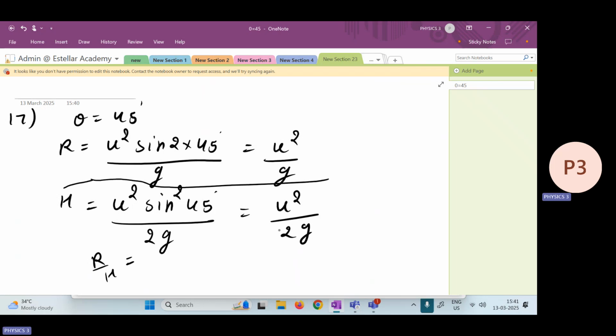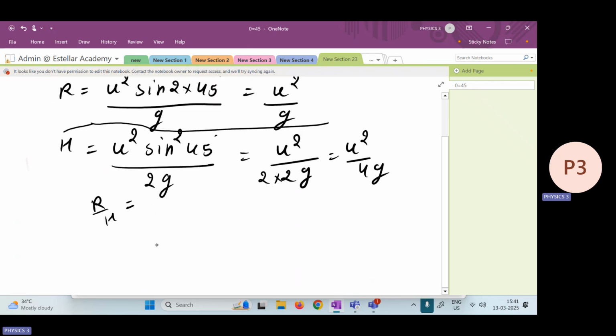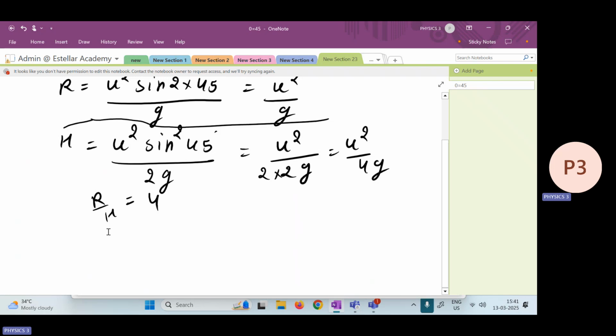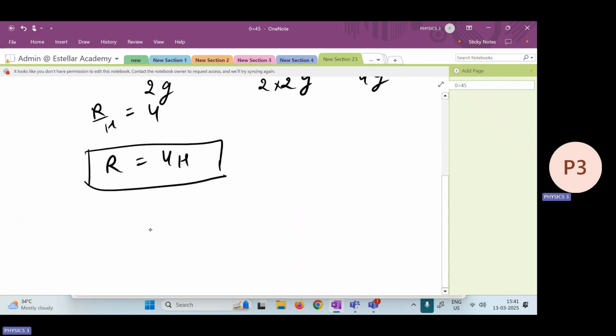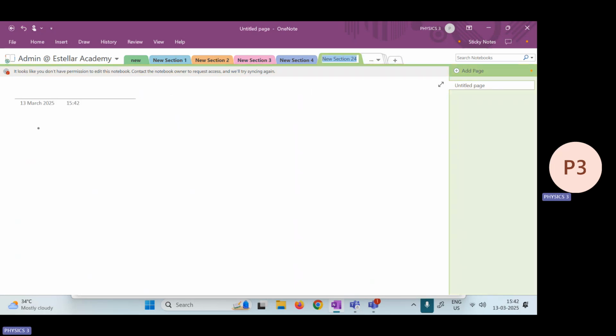So that would be 2 into 2. So that would be u square by 4g. So R by H comes out to be 4. So R comes out to be equal to 4H. So C option would be the correct answer, right? Now let's go for the next question.